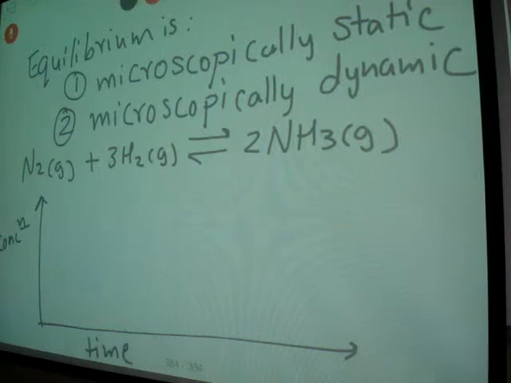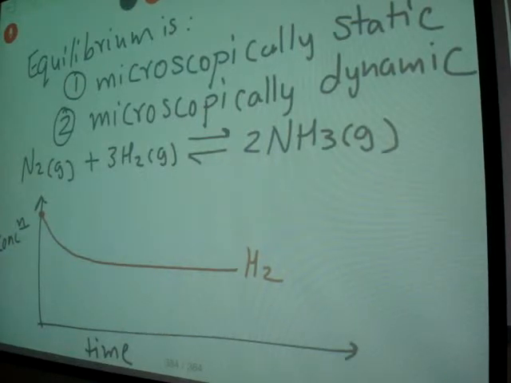Okay. So what happened? I'm going to draw H2 in a different color, 3 moles. So we start from here. Initially it has about 3 moles. It starts reacting, and it becomes constant.